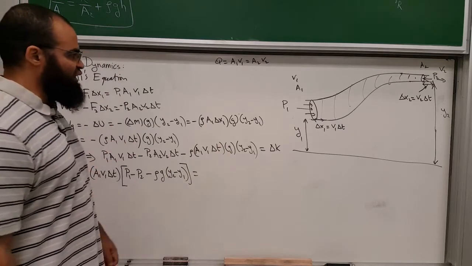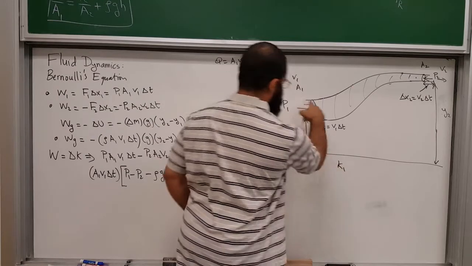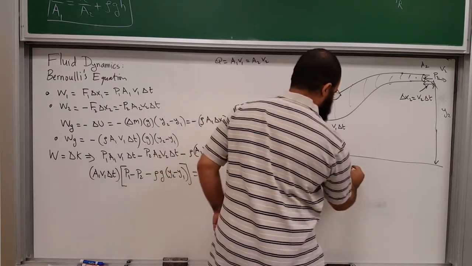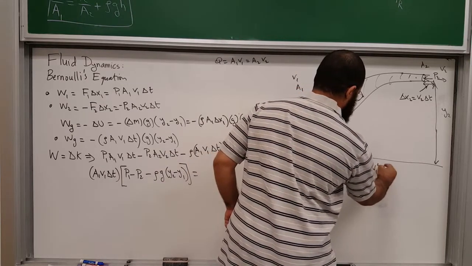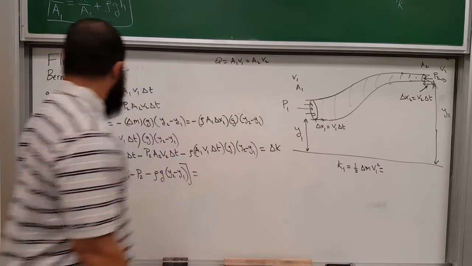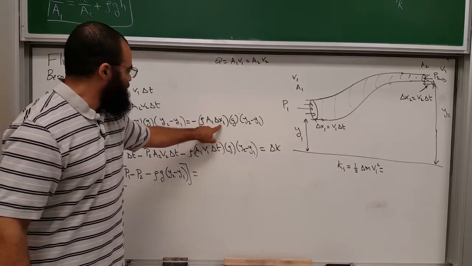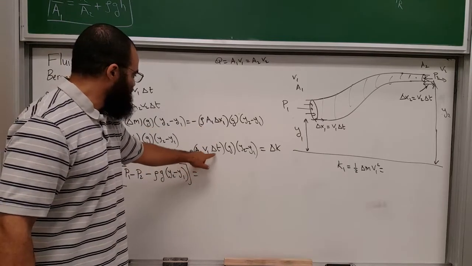Let's write down what the change in kinetic energy is. The kinetic energy at this step, it's this mass and how fast it was moving, so it is 1/2 delta M times V1 squared. And remember what delta M was: rho A1 delta X1, which was rho A1 V1 delta T.